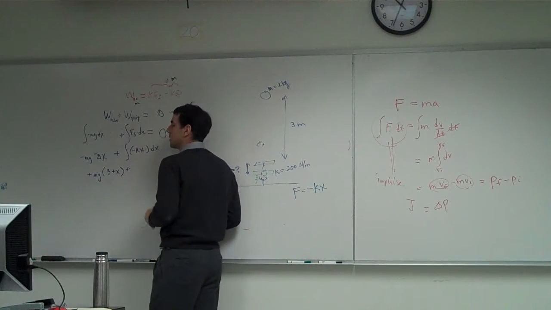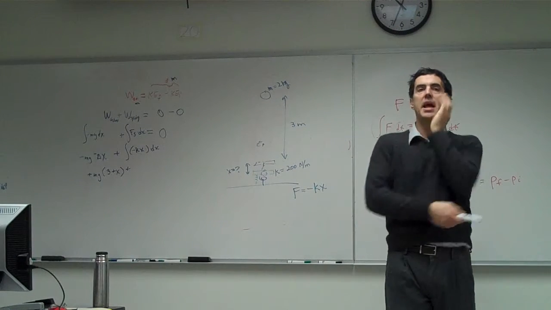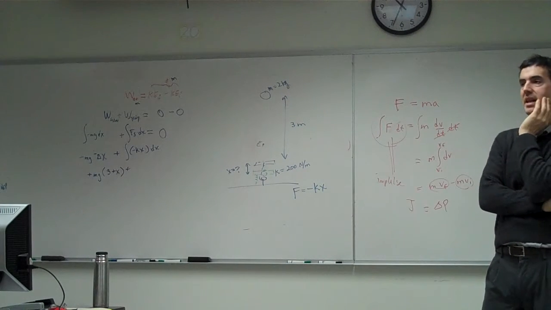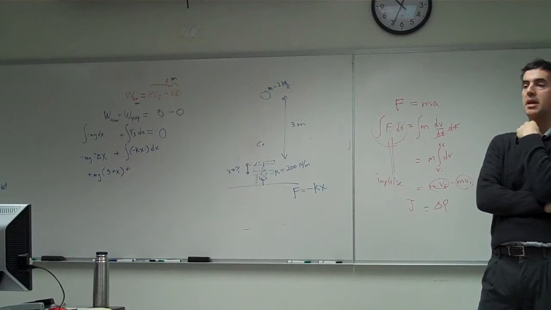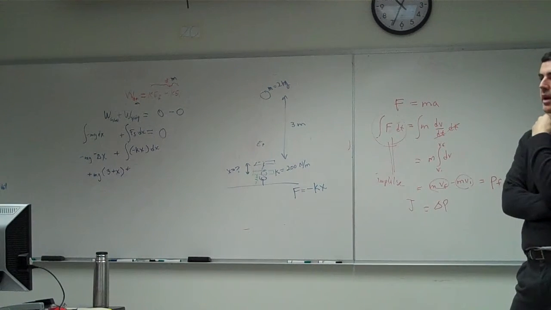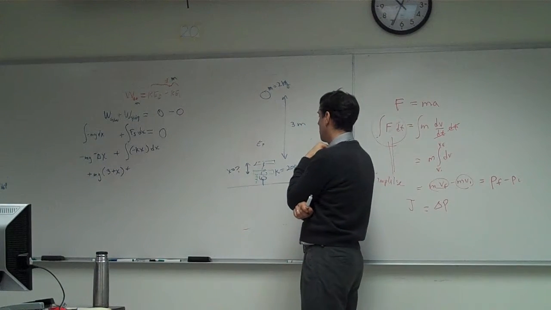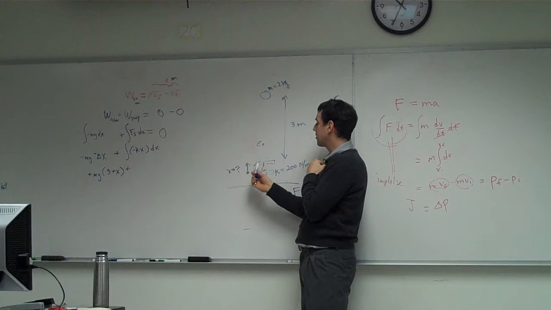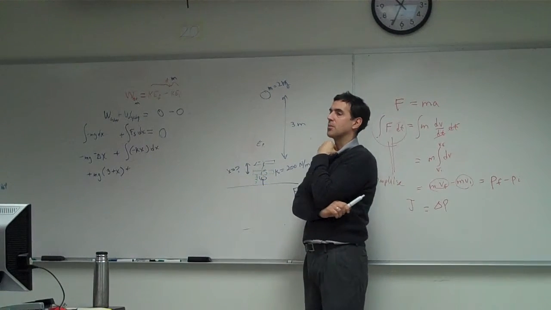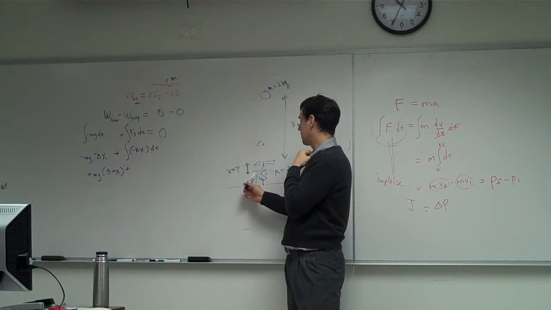Times dx. Now, the actual sign of that negative kx should be dependent a little bit on how the problem is oriented. The change in position from here to here perhaps we'll still consider to be going from a positive to a negative number.